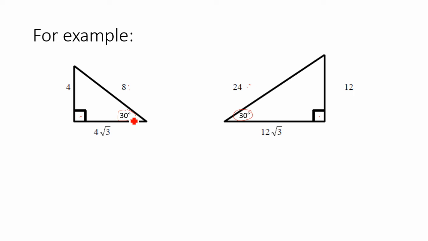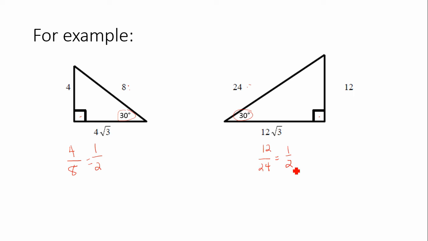So let's say I'm dealing with this 30-degree angle and I say, you know what, I want to make a ratio with the side opposite that 30 degrees and how it compares to the hypotenuse of this triangle. And I made that ratio, and I reduce it. And then when I go over to the other triangle, another triangle that has a 30-degree base angle here, I do the same thing, I want to compare the side opposite it to the hypotenuse.